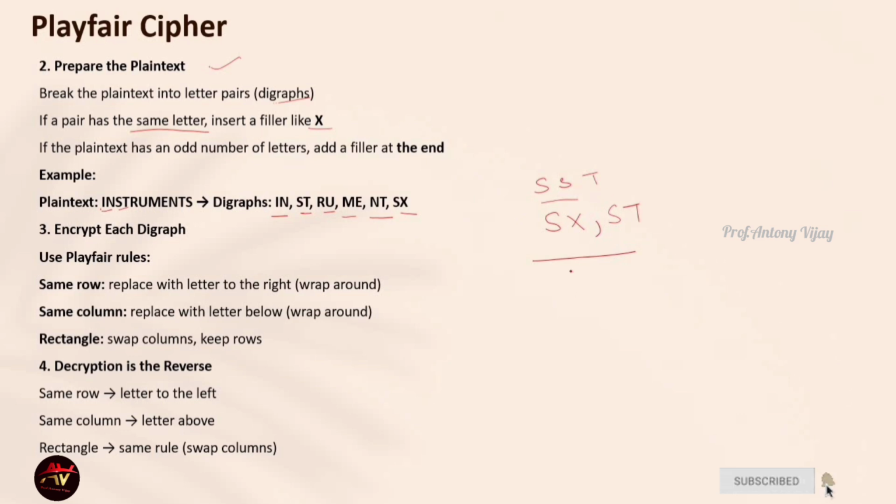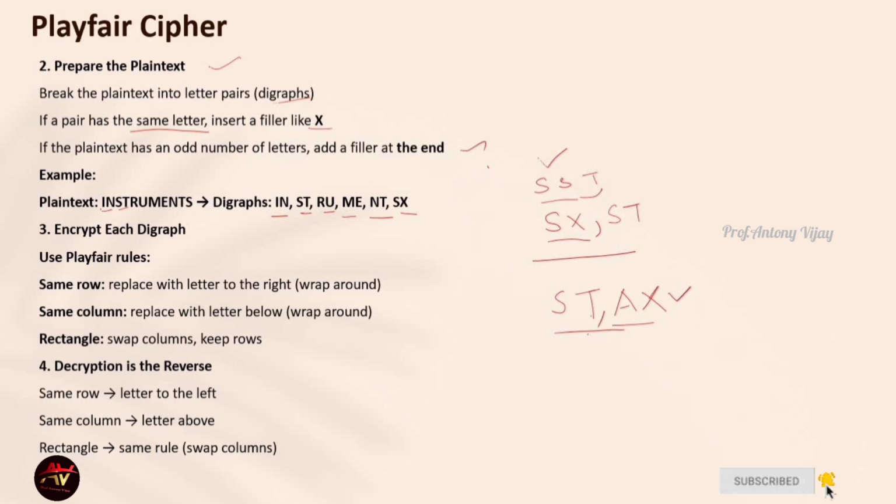Or in this case, ST, A: we can separate ST, but A is alone, so we have to add X. So there are two different things. If it is the same letter, you have to use X in between, and S will be joined with T. And if it is only 3 letters, you pair like this, and additionally at the end you have to put X. This is what is mentioned here.